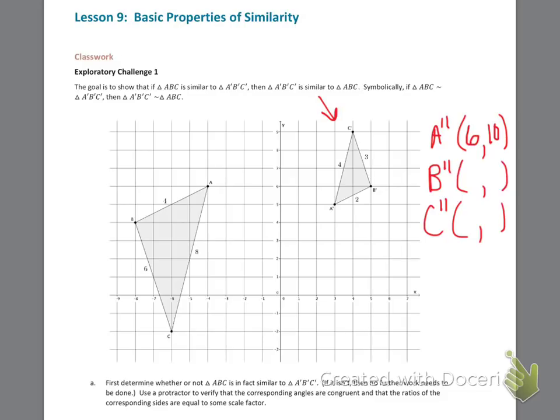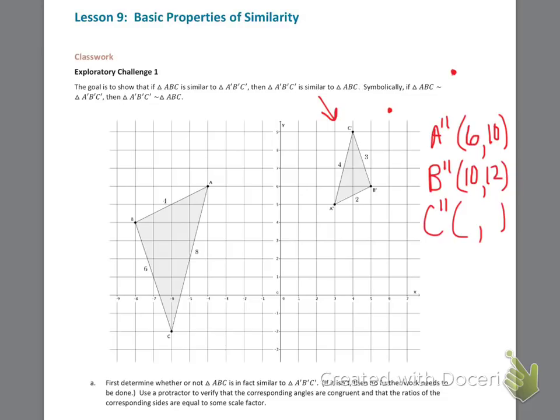Which actually does fit on my grid, it's about right there. And B double prime: the x-coordinate is 5, so it'd go to 10, and the y-coordinate is 6, so it'd go to 12. So that would be 10, 12, somewhere up around here, right here.